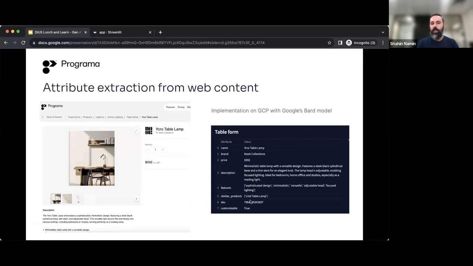So we came up with an implementation of a feature extraction on GCP, and it's using Google Bard's model. And basically, you pass the URL of your item to this website, if you like, and then it can come up with different attributes that it can extract from that website.